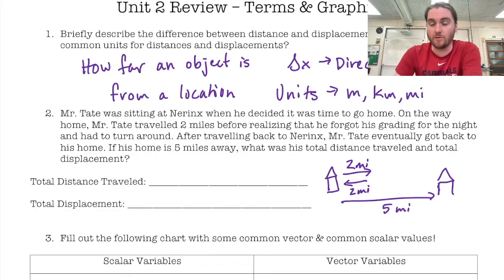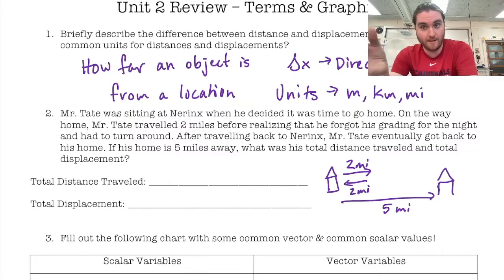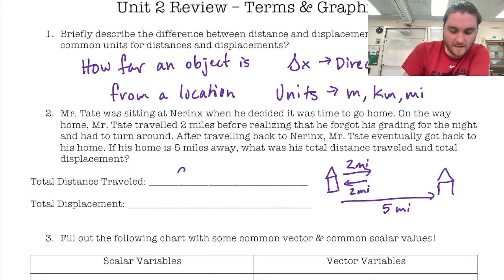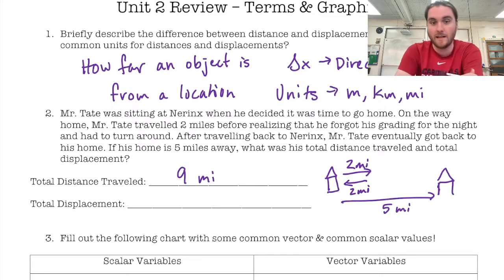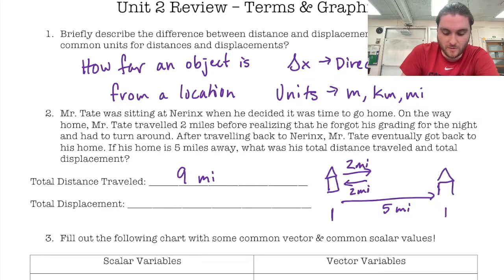You notice I have 2 miles there, 2 miles back to grab my stuff, and then 5 miles. So my total distance has to be 9 miles traveled, as opposed to my total displacement, which is just the distance away from my starting point. I started at NARICS, I ended at my house, so immediately you notice that the displacement between them is only 5 miles. That's the difference.